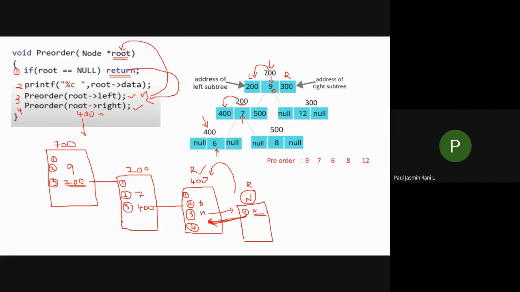What is the 400 of right? 400 of right is null. So when I am at this fourth statement, again I'm going to call another pre-order traversal function. Now again, 400 of right I'm passing. When I'm passing this, I get a null value, isn't it?